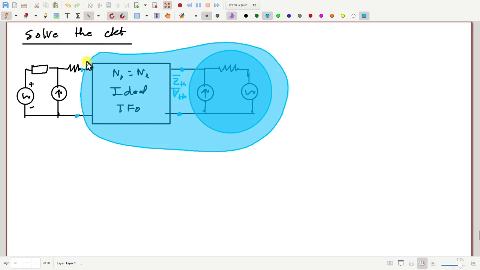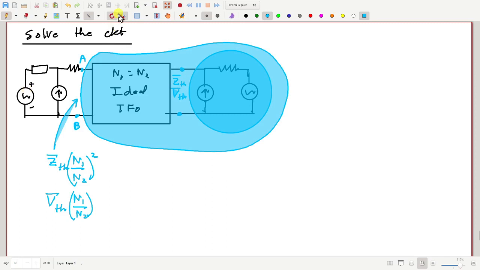What will be the Thevenin equivalent between A and B of the right side? If VTH and ZTH are known, here we will have the impedance ZTH multiplied by N1 by N2 whole square, and the Thevenin voltage will become VTH multiplied by N1 by N2. Okay, and then you can solve the left side of the circuit.